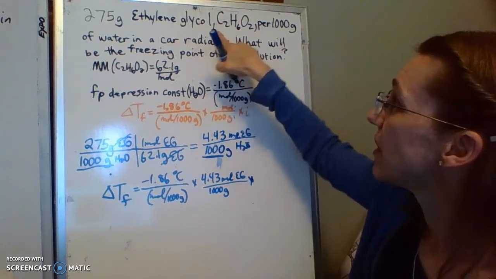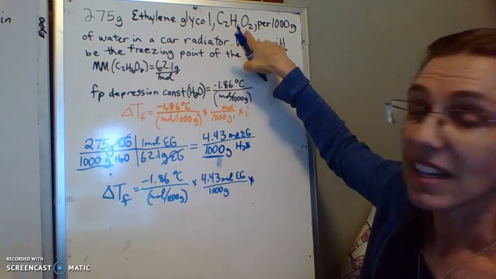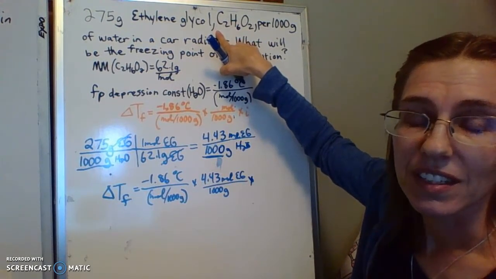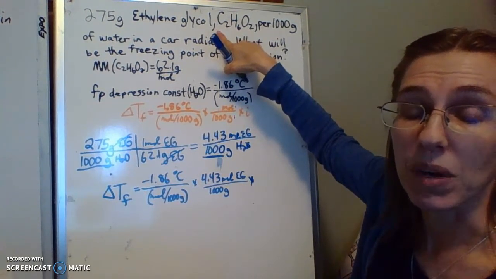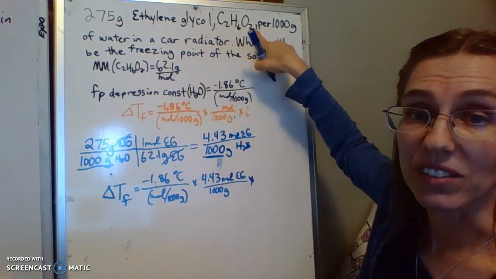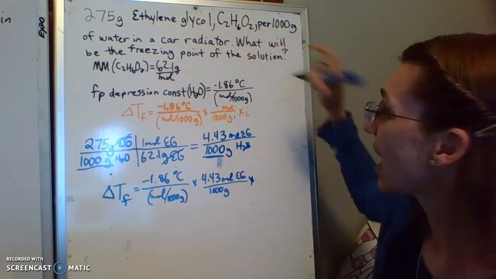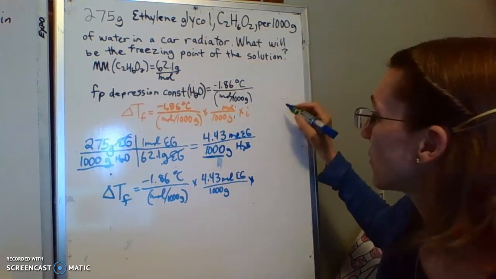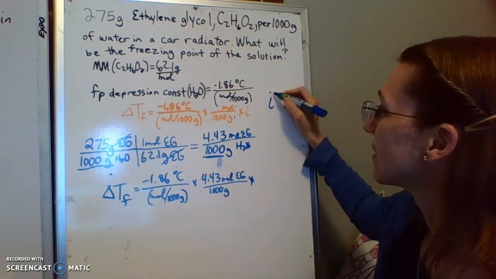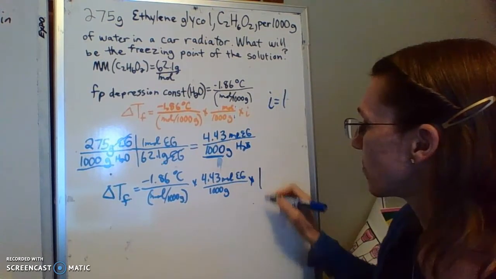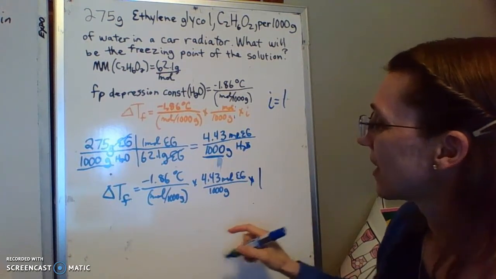Now i we need for our compound. Now this is a molecular compound, so it's held together by covalent bonds. We know that because these are all nonmetals. So the i of every single molecular compound is what? It's 1. We're going to multiply it by our 1.